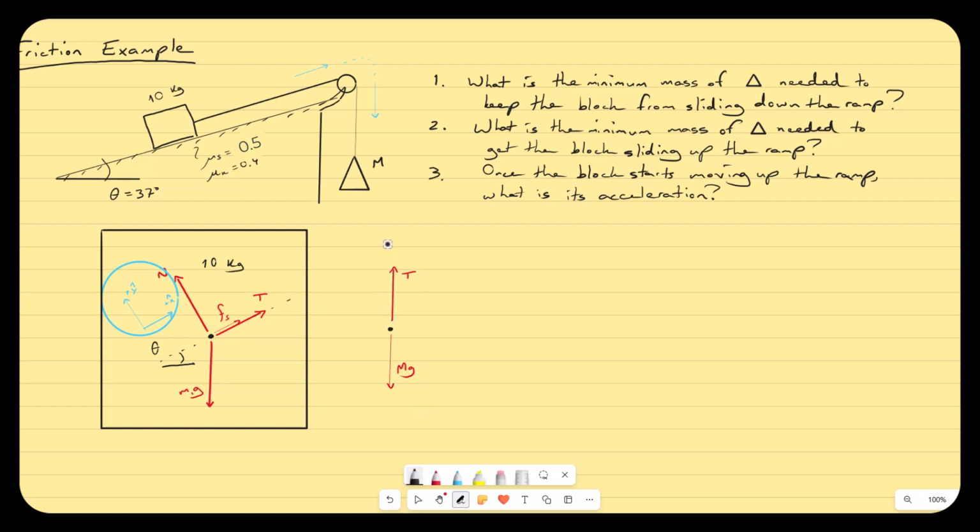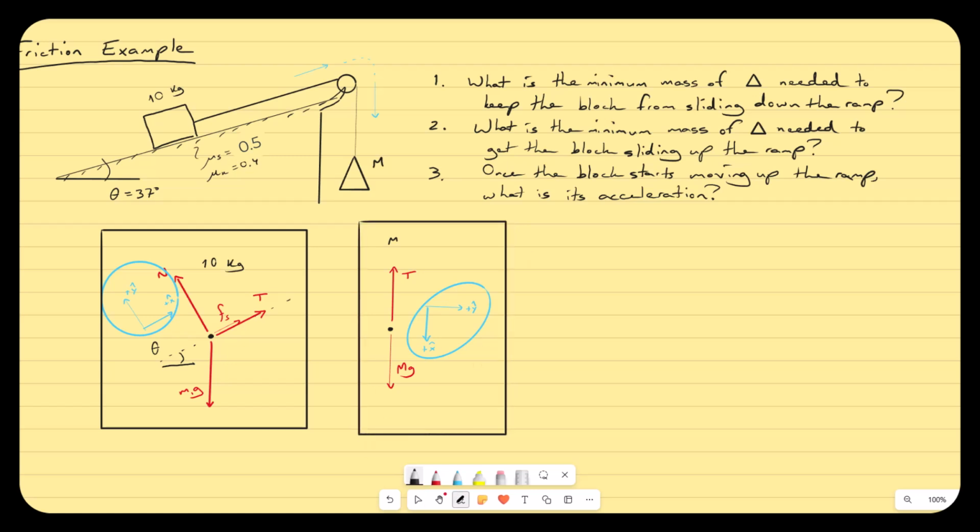This is for a block with a mass of m, and there's nothing else. There's no friction, there's no normal force. I'm not up against a surface or anything like that. So I'm going to call down my positive x direction, and that means to the right is going to have to be my positive y direction. And that's where I am for my second free body diagram.